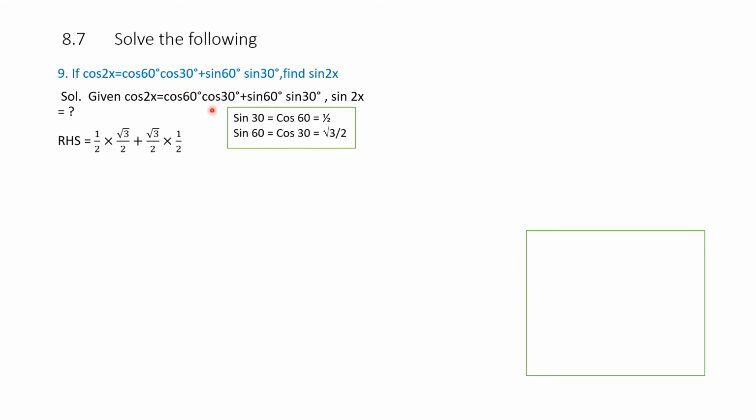And sin 60. Sin 60 is root 3 by 2 into sin 30. Sin 30 is half. That is equal to, we can find out, root 3 by 4 plus root 3 by 4, that is equal to 2 into root 3 by 4.